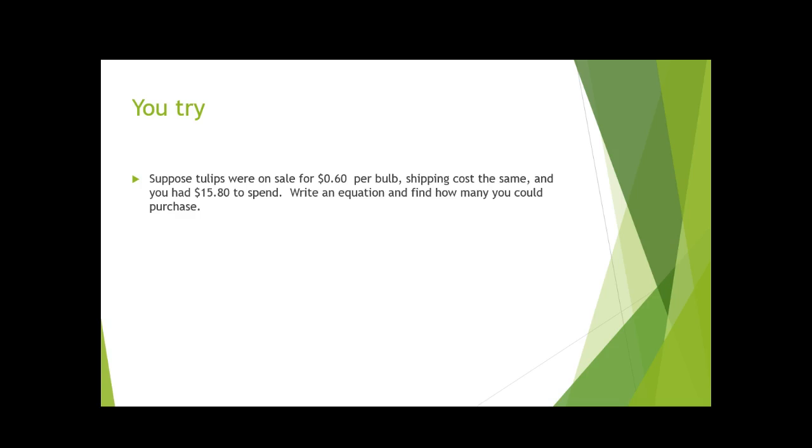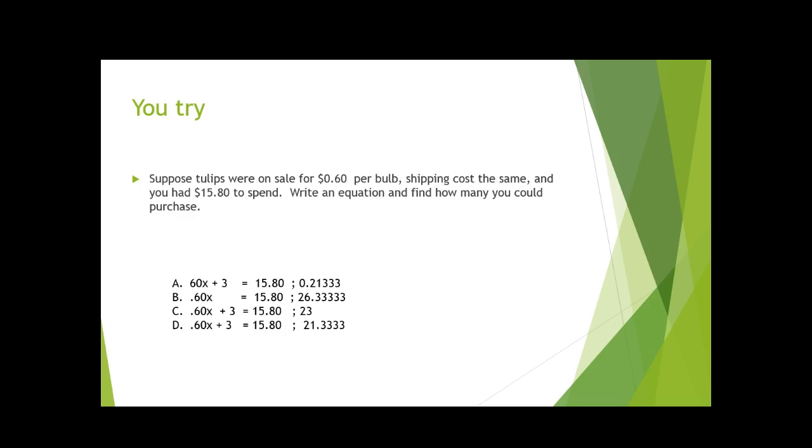So suppose tulips were on sale for 60 cents per bulb. Shipping costs the same and you had $15.80 to spend. So I want you to write an equation and find out how many you could purchase. Possible equations are: A, 60x plus 3 equals 1580, and the answer would be 0.21333 repeating. B would be 0.60x equals 15.80, the answer would be 26.333 repeating.